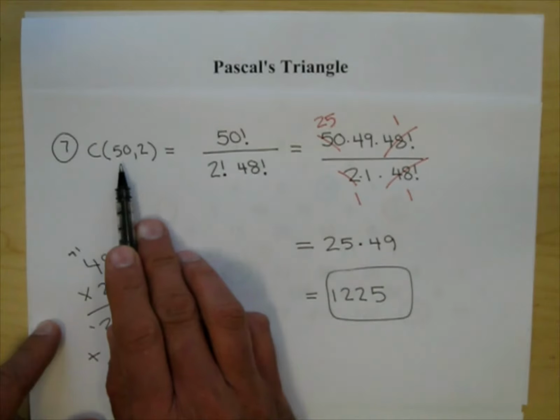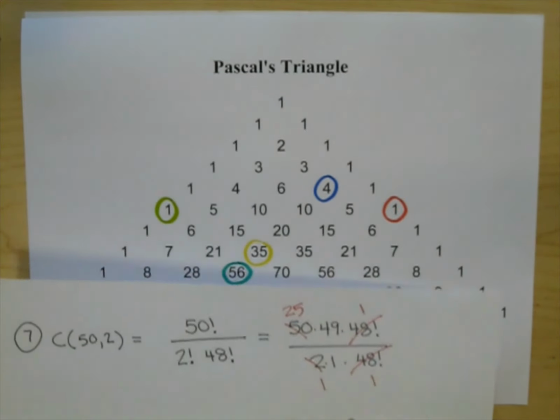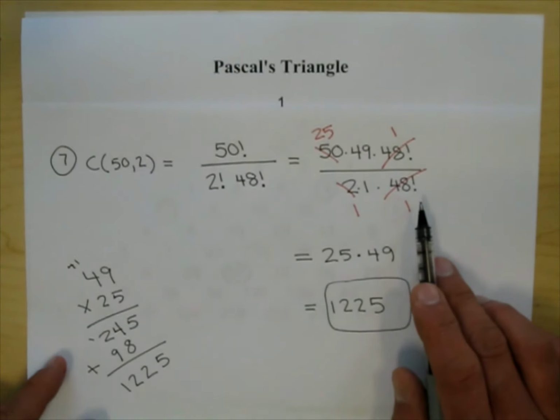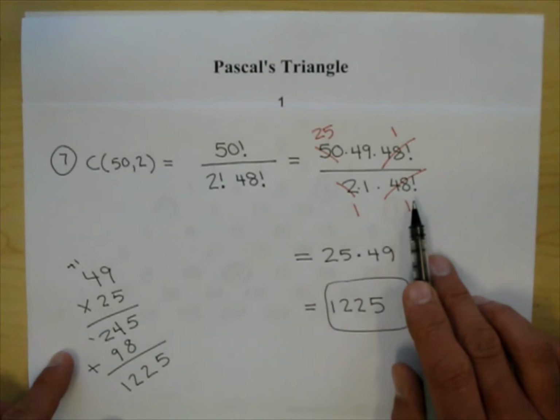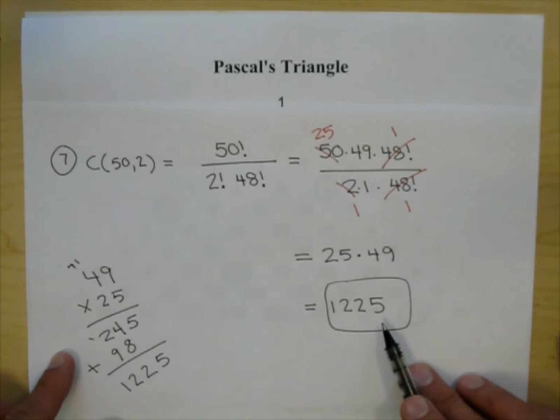You would have to go to row 50 on Pascal's triangle, which would take a lot of work to fill out. And so that's why we showed you the formula, because on ones that are bigger, and you won't get that many, you then would use the formula.